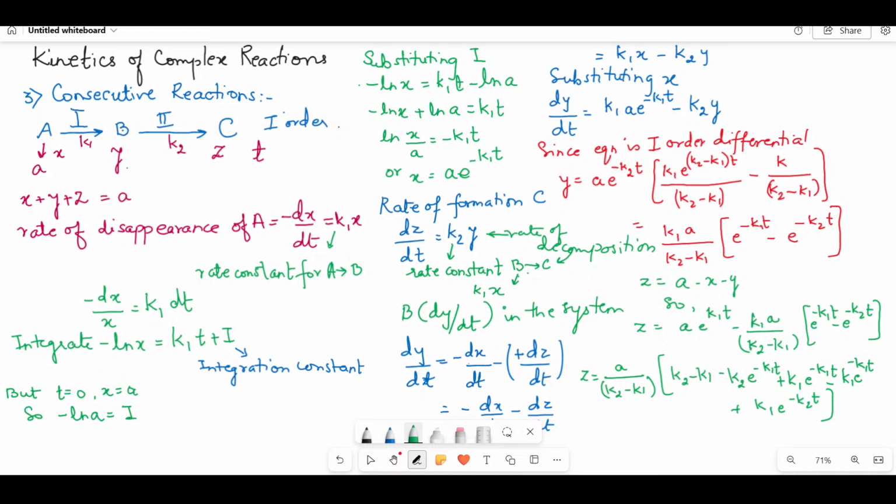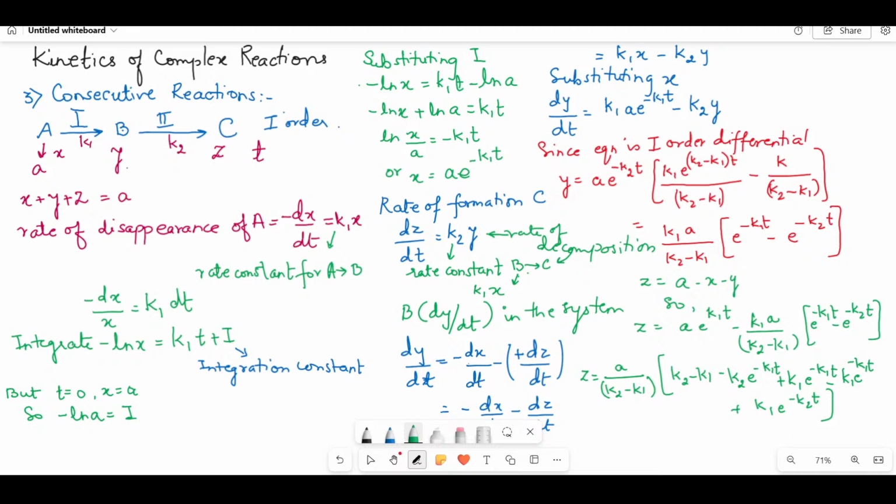Just adjusted a little bit so that I can arrange the equation here. We are having k2, k1 e raised to minus k1t. We are having e raised to minus k1t, k2 and k1.